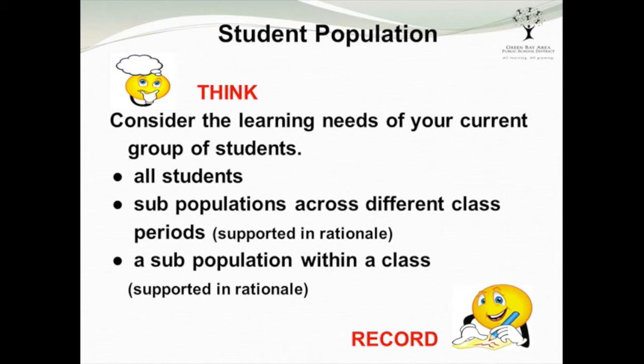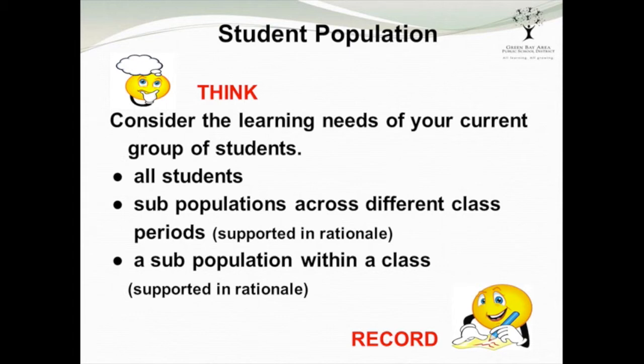The third component is student population. Take a minute right now to read the prompts and criteria listed under the student population component. Now think about the learning needs of your current group of students.